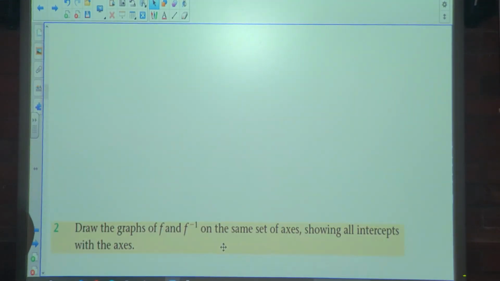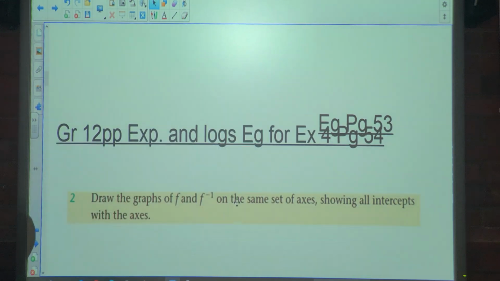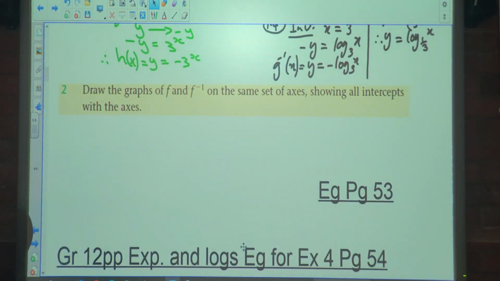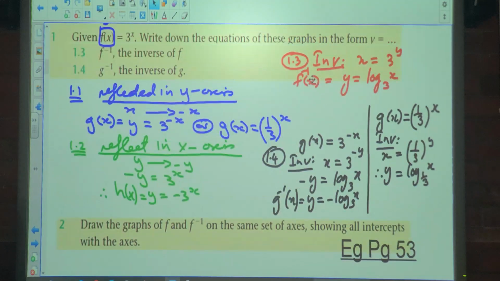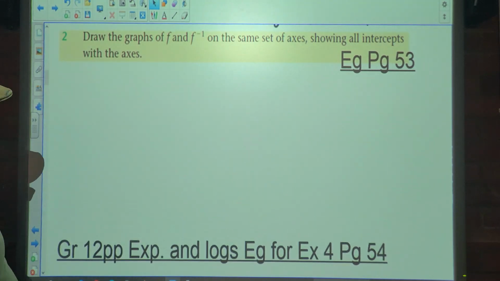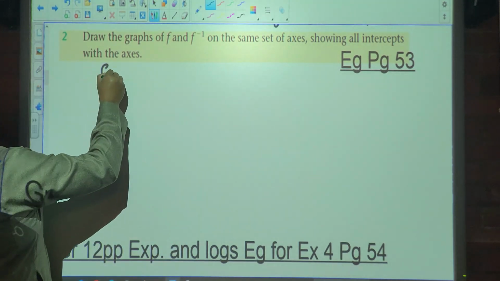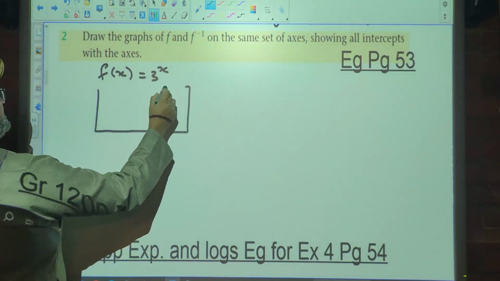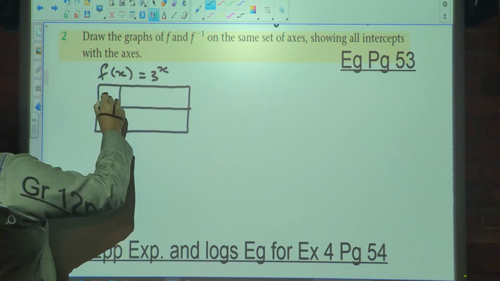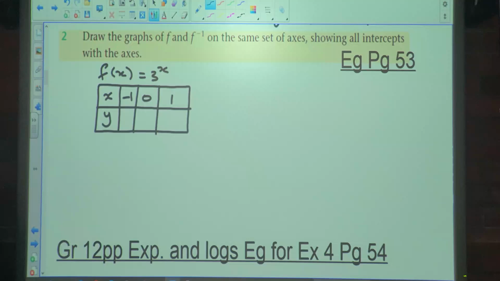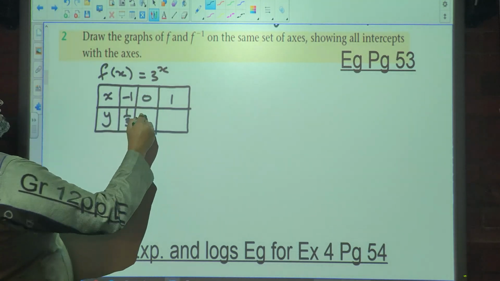Then it says draw the graph of f and its inverse on a set of axes showing all intercepts with axes. So what is the f of x graph? F of x is equal to 3 to the x. So where do we start? Start with a table. Not because we're hungry. That's the easiest way to do it. Put negative 1 in, what do we get? A third. 1 in.